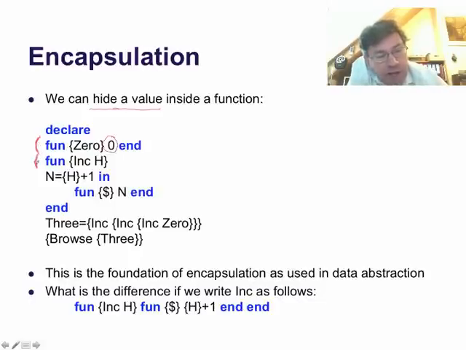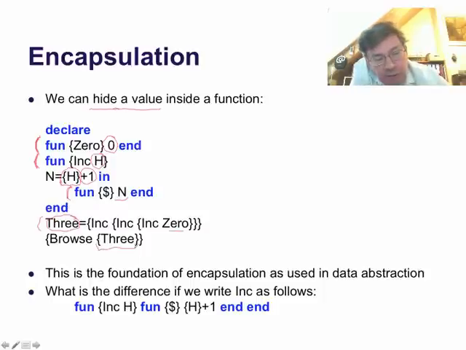Let's take a function inc, which takes H, which is a function that hides a number. It exposes the number by calling the function, it adds 1, and it returns a new function which hides that result. So then we can say, for example, 3 is equal to inc of inc of inc of 0. So 3 is a function that hides the number 3.